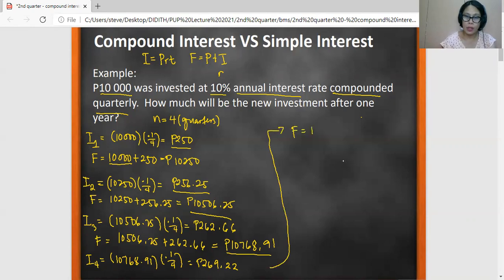the sum of 10,768.91 and 269.22. So we have 11,038.13.